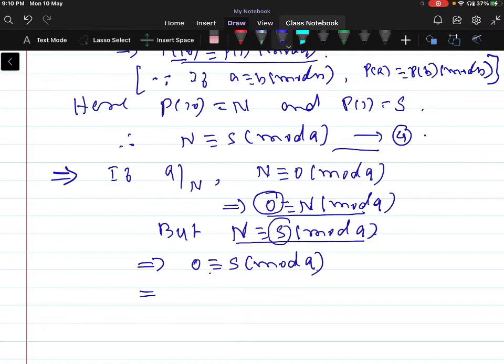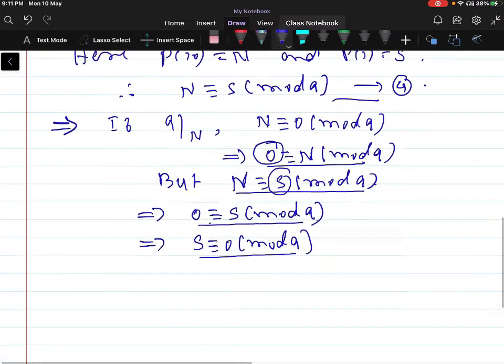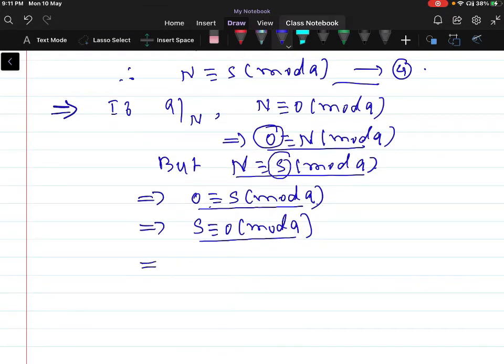So this implies s is congruent to 0 modulo 9. Since congruence is symmetric, if 0 is congruent to s modulo 9, then we can write s is congruent to 0 modulo 9 also. So this implies 9 divides s.